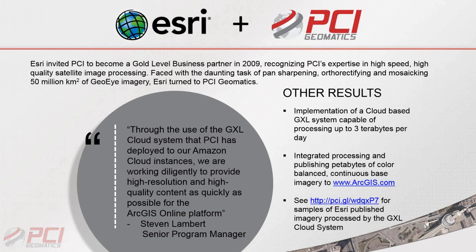And you can actually see a lot of this imagery. If you go to ArcGIS Online and you pull up the world imagery data set, chances are, if you're looking at some of the different areas of the world, that's imagery that's been processed through PCI's technology and then served up through Esri's technology online.